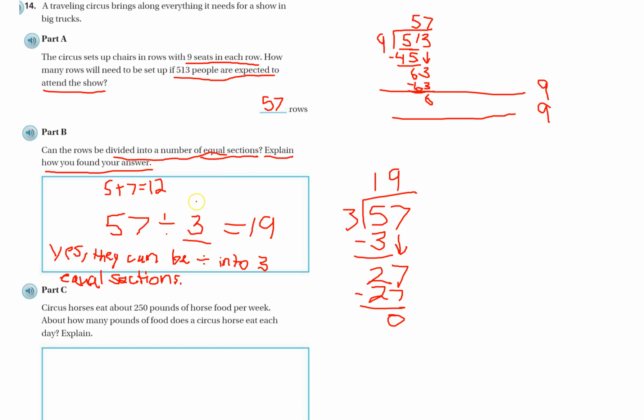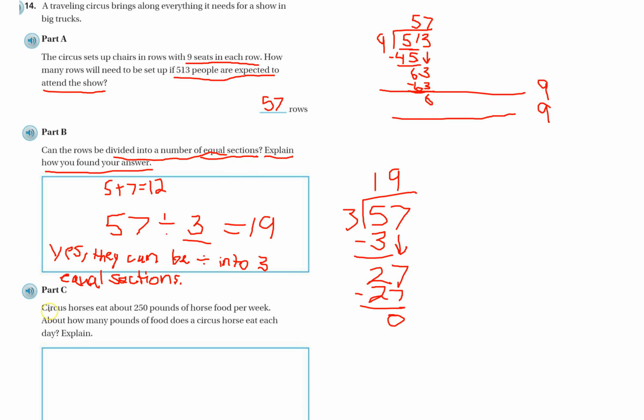So 19 times 3 is 57. 57 divided by 3 is 19. 57 divided by 19 would be 3. It's a fact family. So yes, it can be divided into 3 equal sections, or I could say yes, they can be divided into 19 equal sections. Either one would be a correct answer.